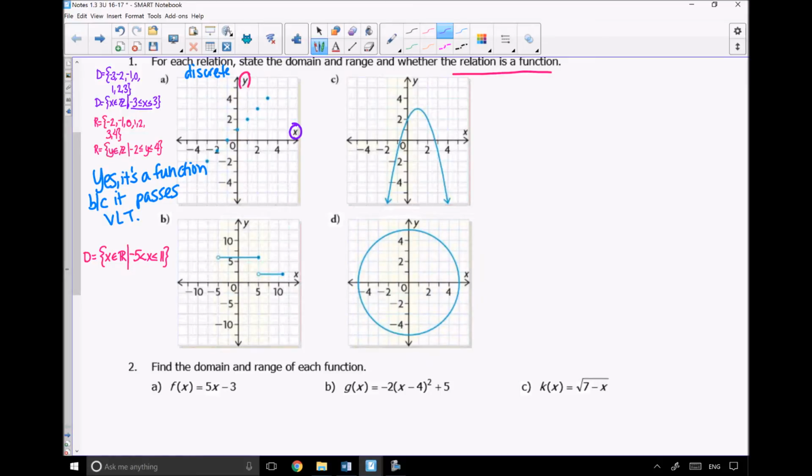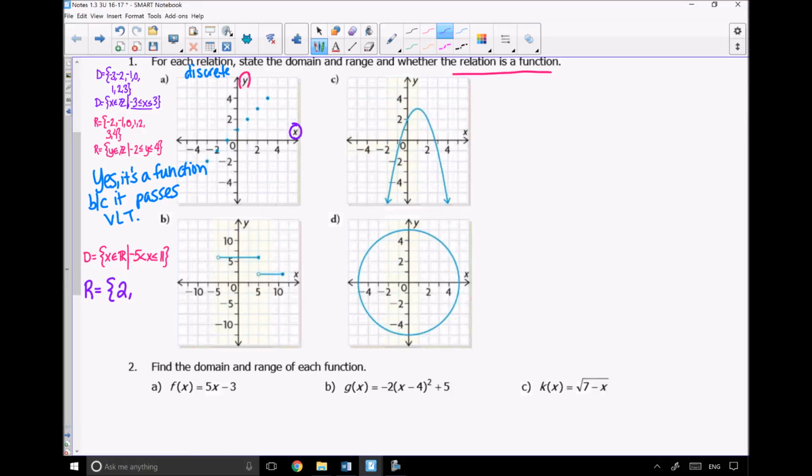But here's the issue with saying that my range is from 2 to 6. My outputs here are only going to give me 2 as my outputs. And the only outputs that I get here are 6, right? So that means that I only have 2 specific values in my range. So this time I'm just going to say that my range is plain and simply this value right here, which is about 2.